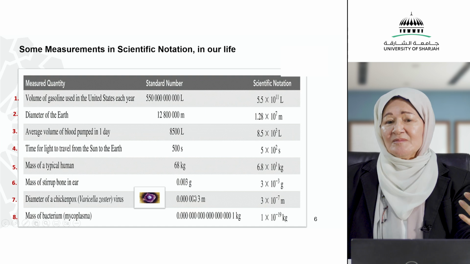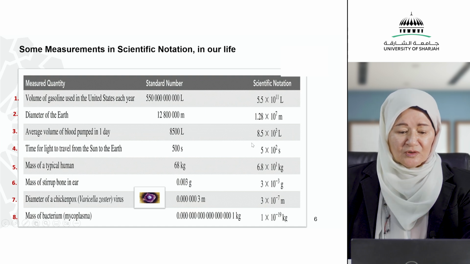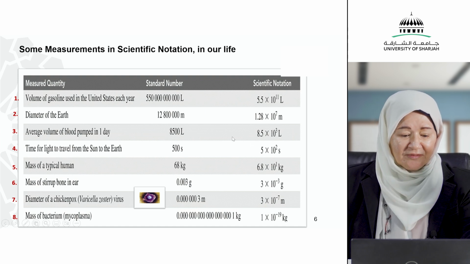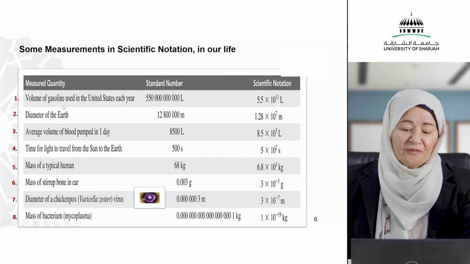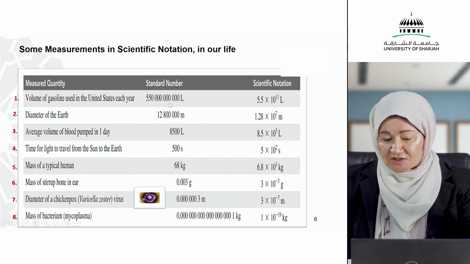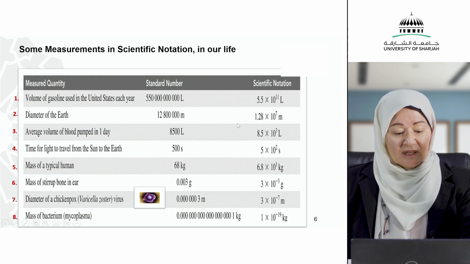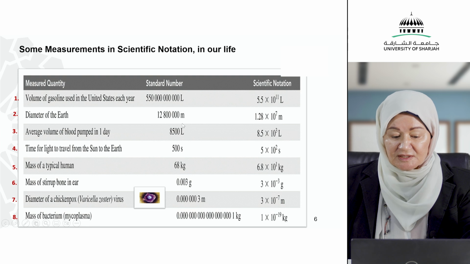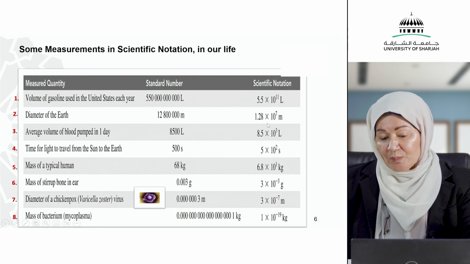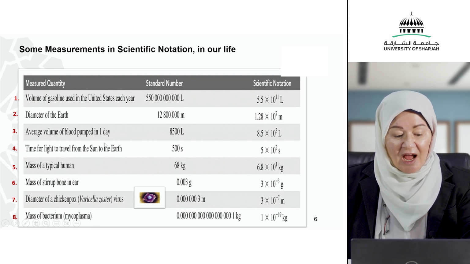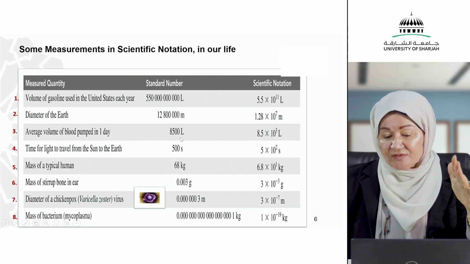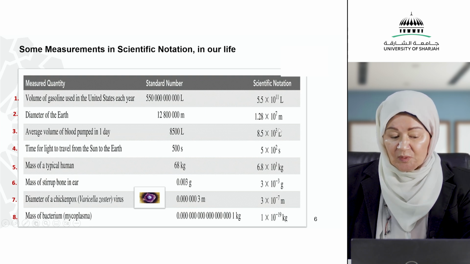I have some examples for you, some measurements in scientific notation from our life. Volume of gasoline is this much as a standard number, but it is 5.5 times 10 to the 11. Diameter of the earth is 1.28 times 10 to the 7. Average volume of blood, 8,500, is 8.5 times 10 to the 3.